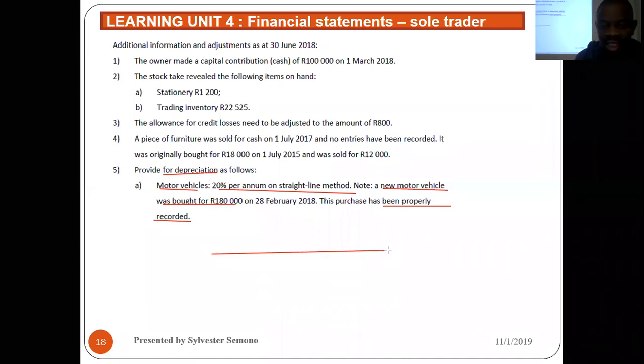Sorry for skewed lines. This is our accounting period. This is the beginning, this is the end. Now, they say we need to calculate what?